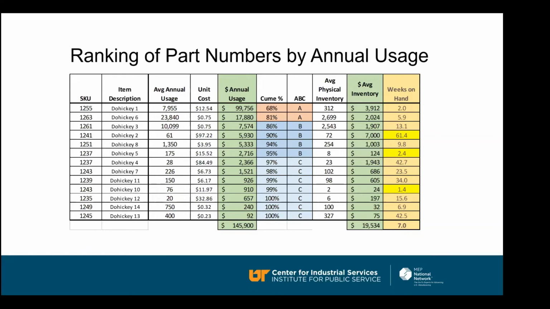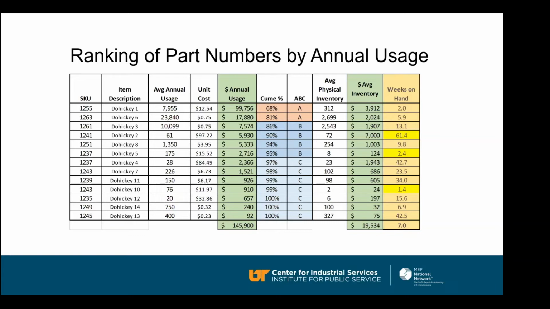Cumulative percentage. I'll just tell you what it is, basically. The total value of the inventory in this scenario is $145,900. You see that at the very bottom under annual usage.